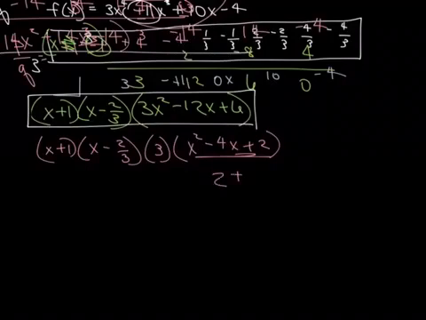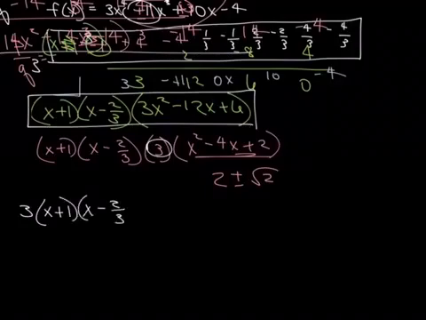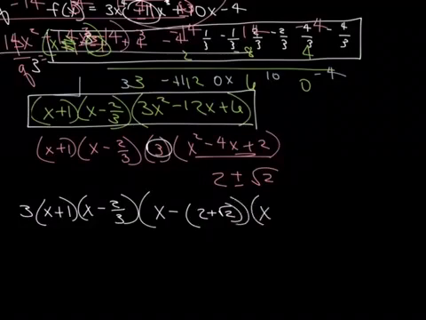2 plus or minus the square root of 2. Looks like fun, huh? So our final answer is 3 times x plus 1 times x minus 2/3 times x minus 2 plus the square root of 2 and x minus the quantity 2 minus the square root of 2.